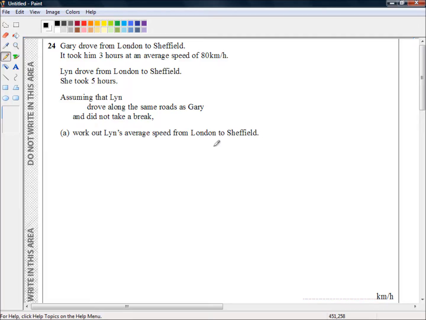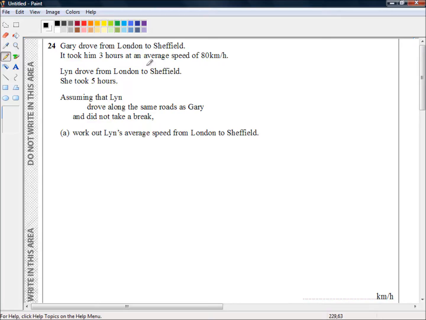Okay, so the average speed is distance travelled divided by time taken. Now, we don't know the distance travelled, but we do know that Gary, at an average speed of 80 kilometers per hour, took 3 hours.